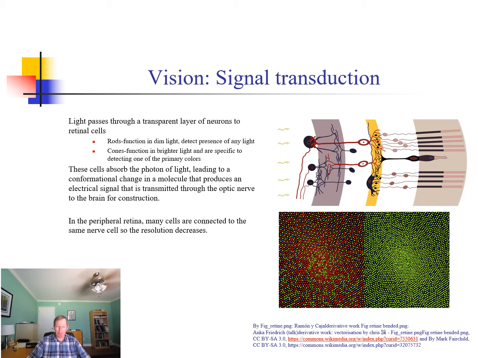In the macula and the fovea, I don't have a lot of these cells connected to a single neuron, unlike the periphery where I do have a number of cells that are connected to the same neuron.